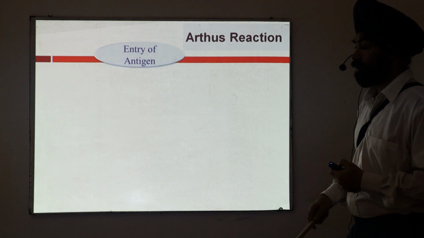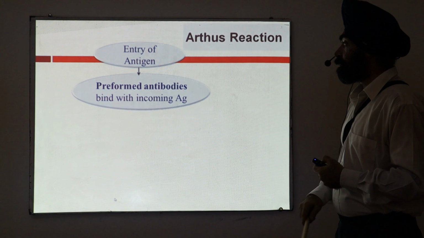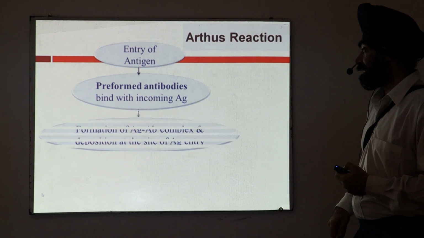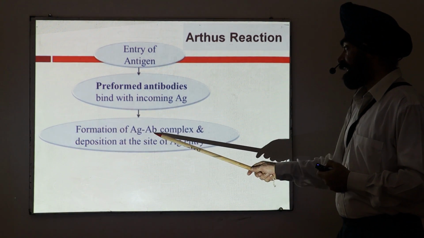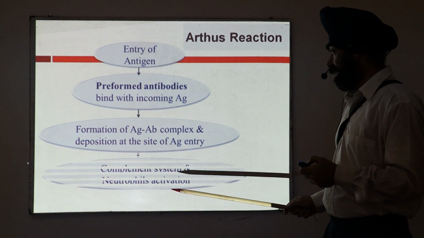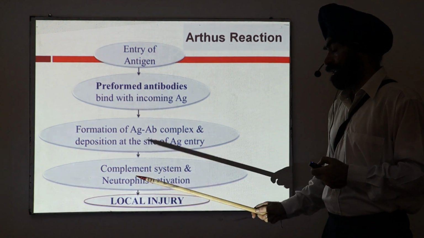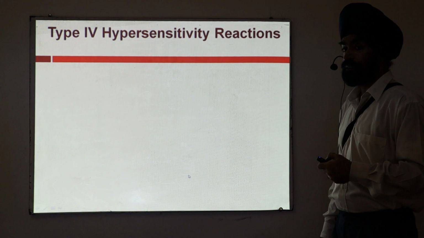So I'm just explaining with the help of this flow chart. Entry of antigen, preformed antibodies bind with incoming antigens, formation of antigen antibody complex at the site of entry, deposition, and complement system activation, neutrophil activation, and tissue damage, local injury.